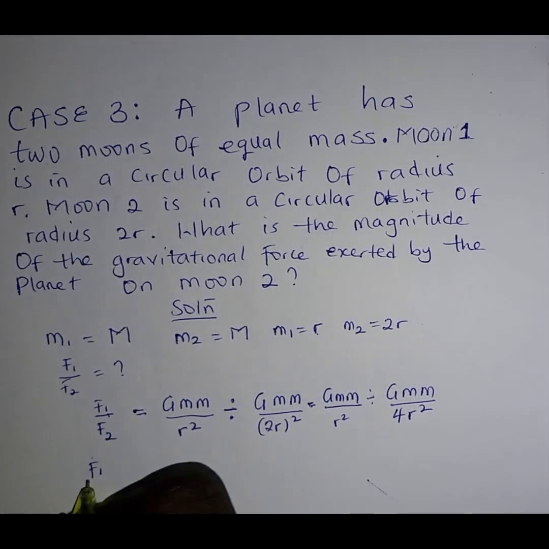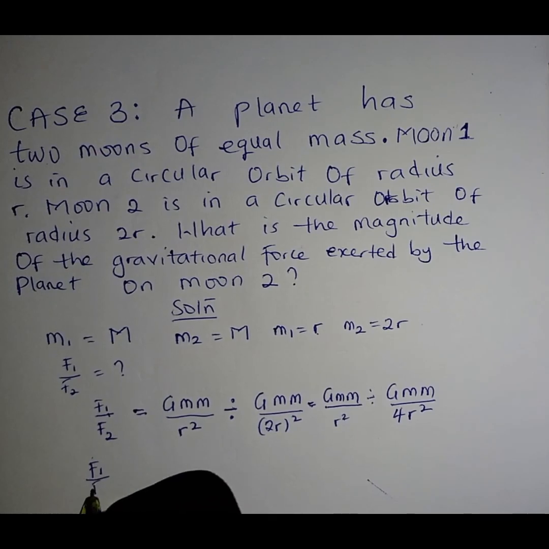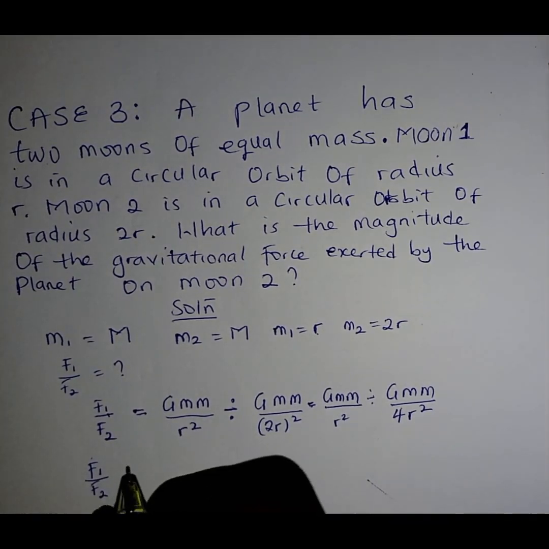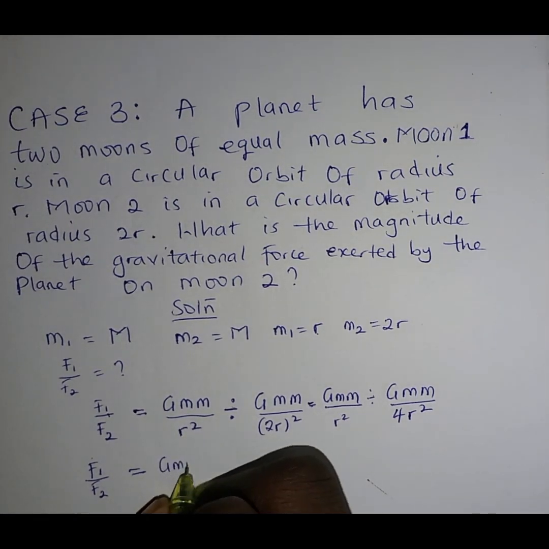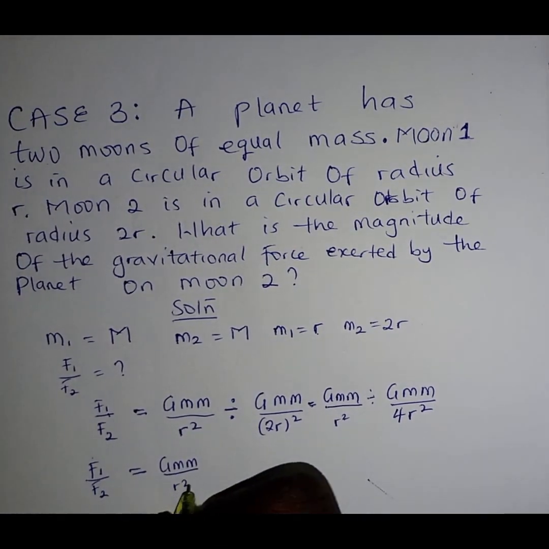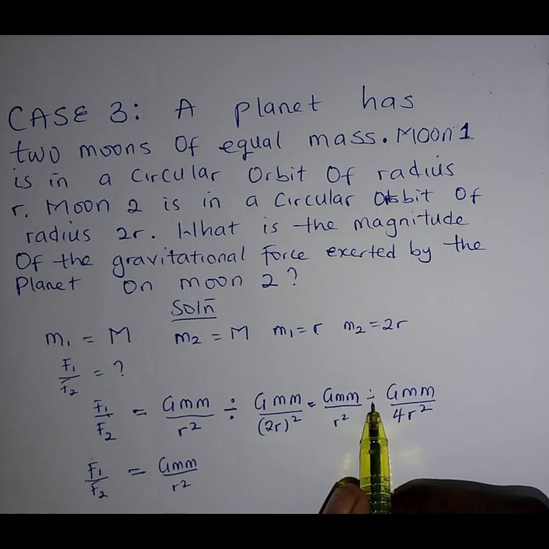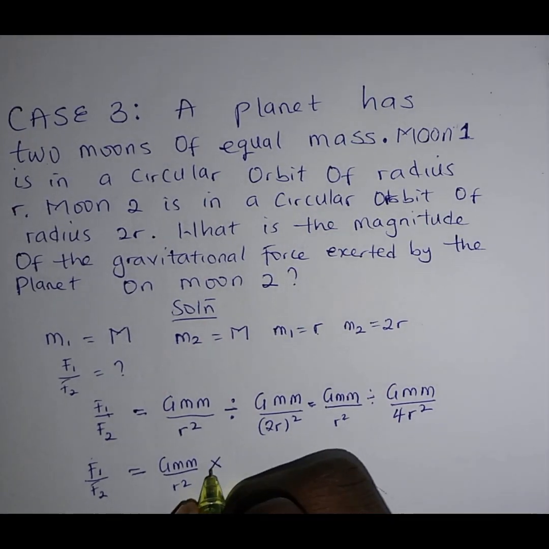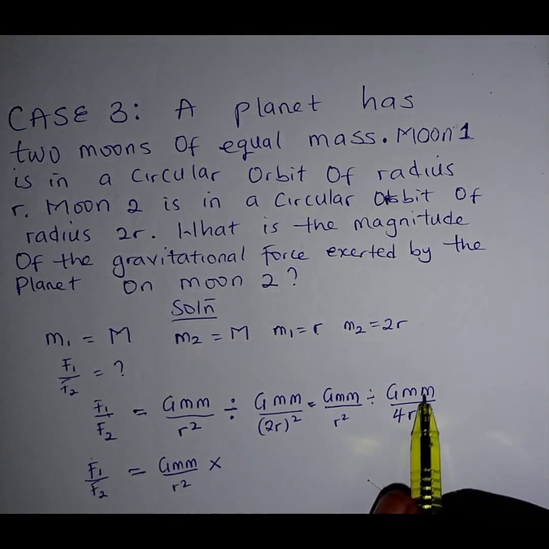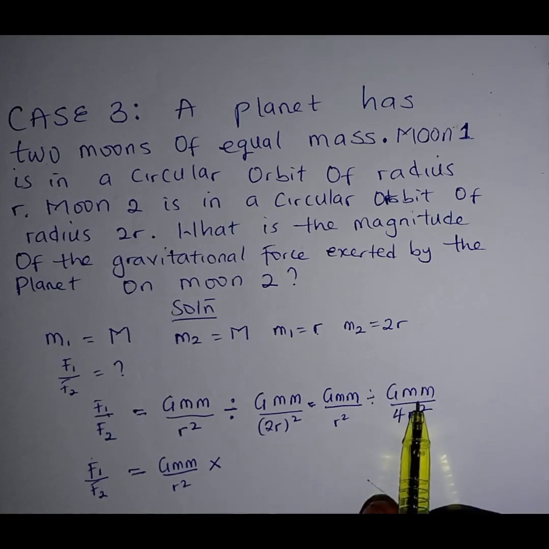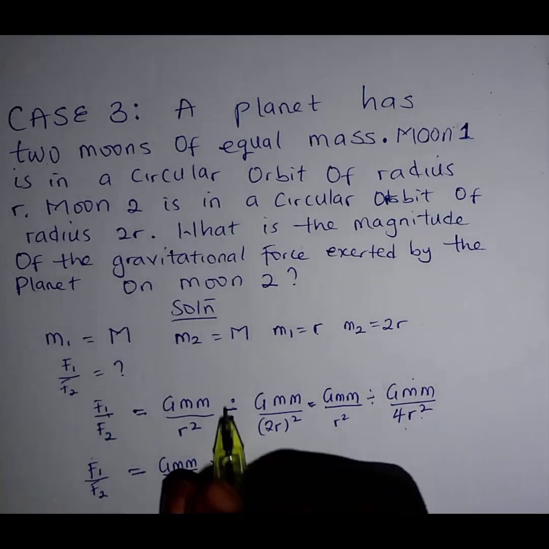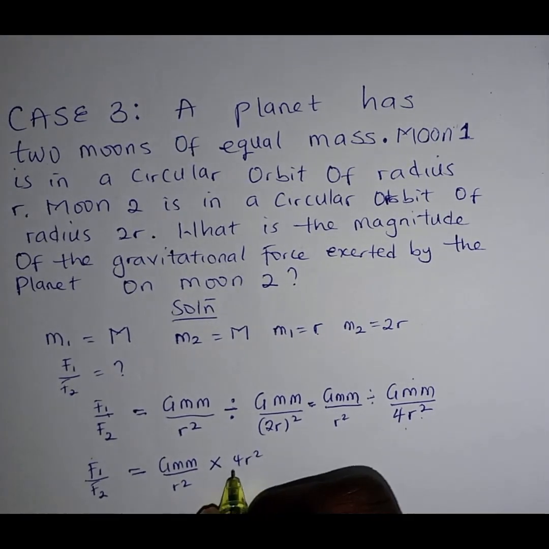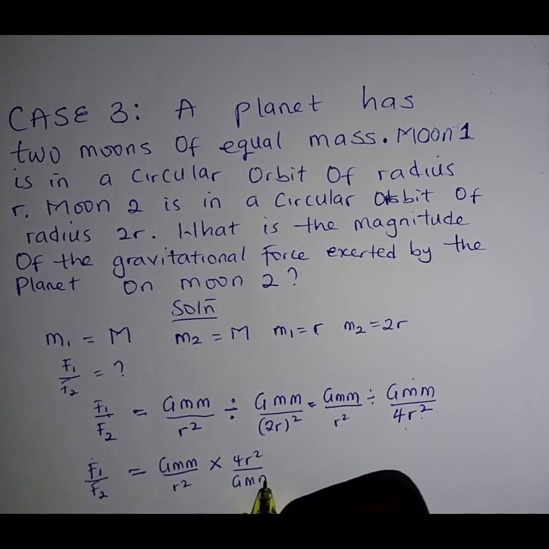Now my F1 to F2 equals to, now Gmm over what? r square. Division sign, I can change it to what? Multiplication sign. But when I change it to multiplication sign, this fraction will what? Change upside down. That is, the denominator will come up and the numerator will come down. So it will be 4r square over Gmm.